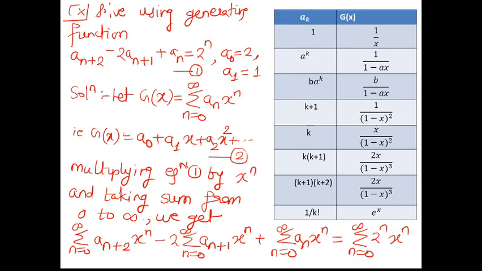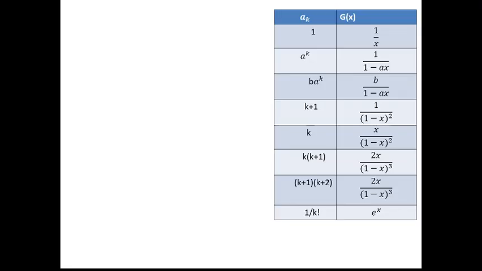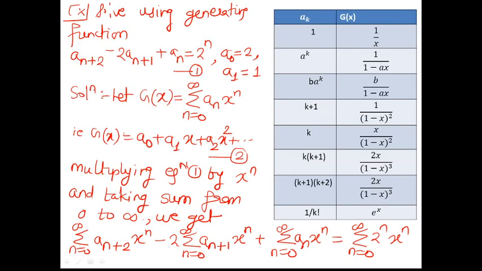Now after this, let's apply the sum here. So when we apply the sum, that is putting n equal to 0, 1, 2, 3 and so on, what do we get? In the very first term, when we put n equal to 0, what is the first term? a2 x to the power 0.